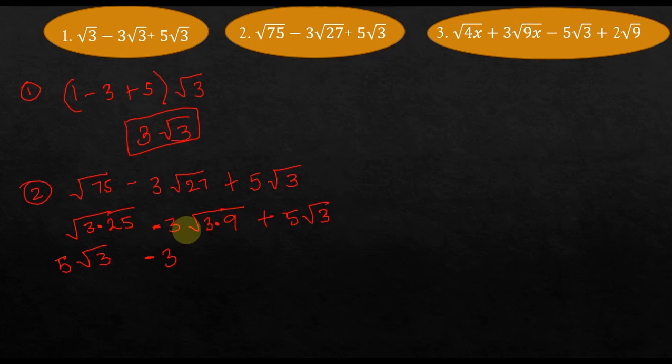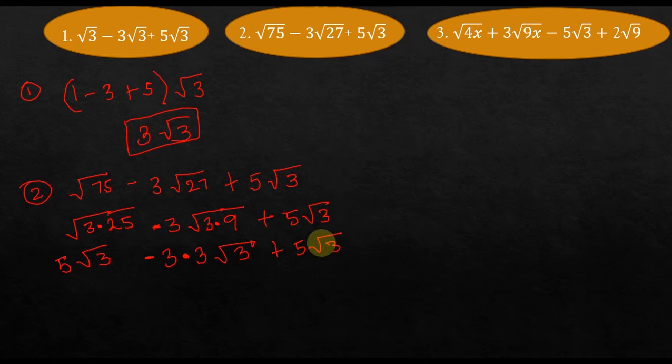So putting that outside the radical sign, we're going to multiply that by 3. So putting this outside, this is 3 square root of, and then this 3 remains inside the radical sign. Plus 5 square root of 3. There you go. We have now similar radicals.